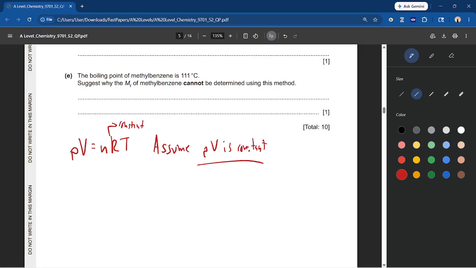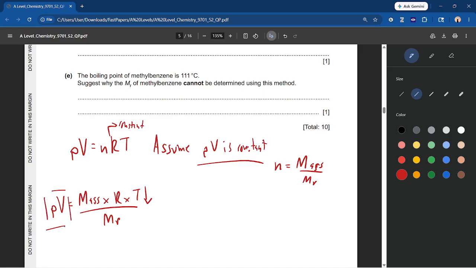so the actual equation comes down to PV, and let's substitute n for mass by MR. So this comes out to mass times R times T divided by the MR. So now if your temperature decreases, if P and V were to remain constant, what needs to increase?